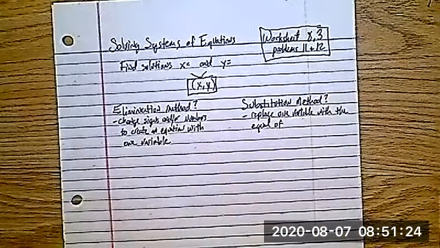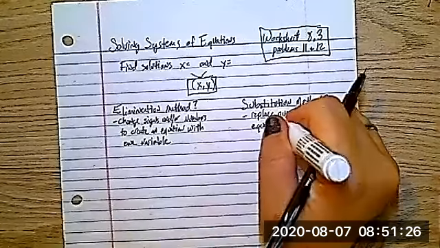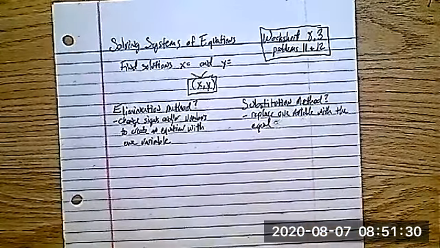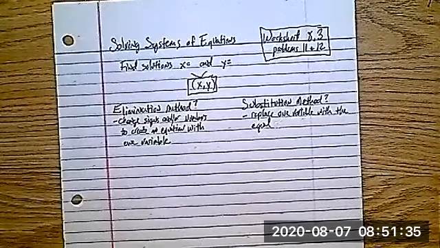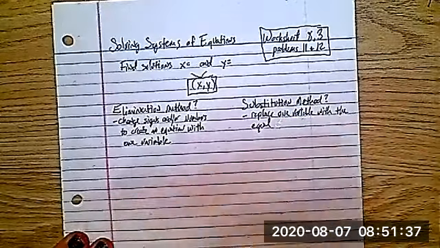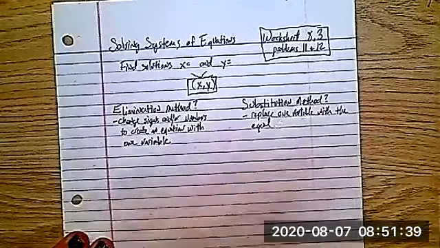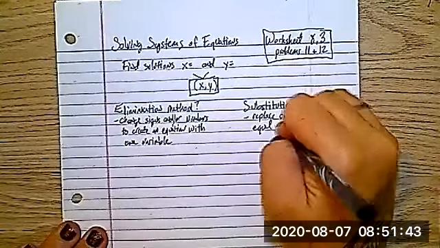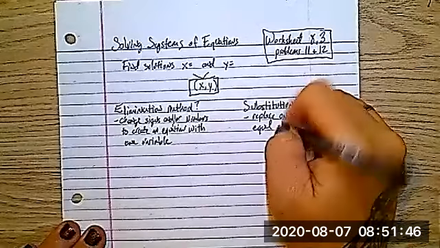Ooh, whiteout time. You could just say equal. It may just be a number. A number by itself is an expression. That's okay. But this is going into perpetuity on YouTube, so we want to make sure it's right. So we want to replace one variable with the equal expression.